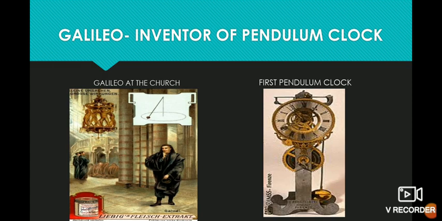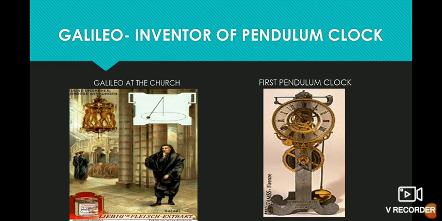So, Galileo measured his pulse and found that the candle actually takes the same time to complete a to and fro motion, or oscillation. That gave him the idea of a pendulum, and that's how the world's first pendulum clock was built.